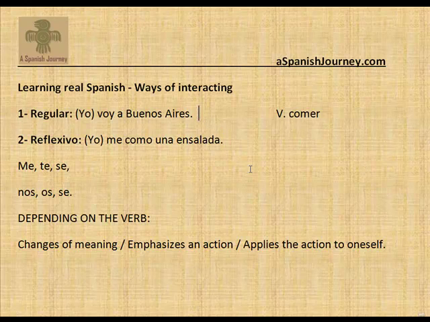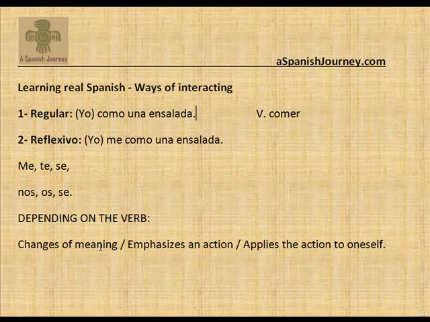What I'm saying here is I'm using the verb comer, and I say in the regular way, I eat a salad, yo como una ensalada. But if I put the reflexive pronoun in front of the verb, I would be saying yo me como una ensalada, and that really emphasizes the action.